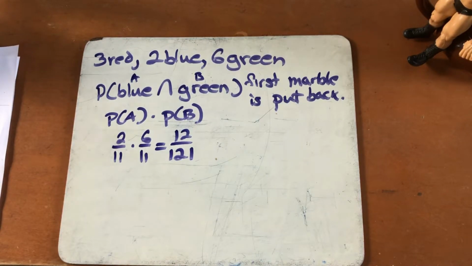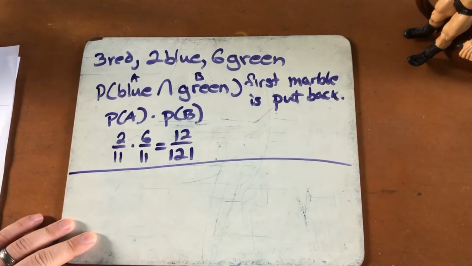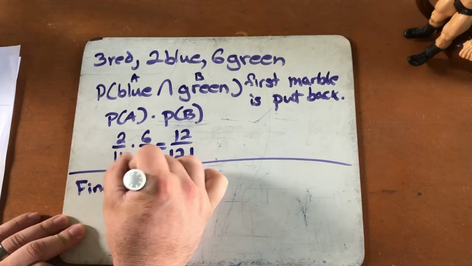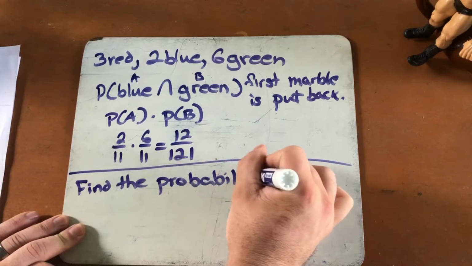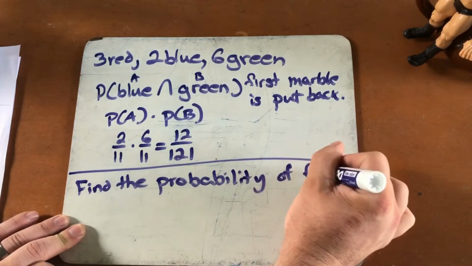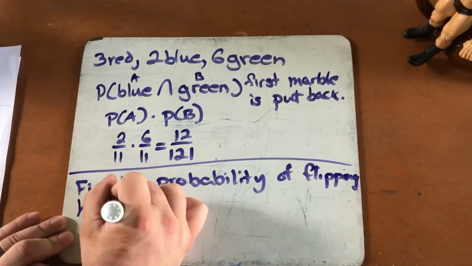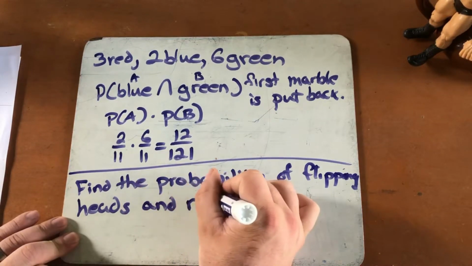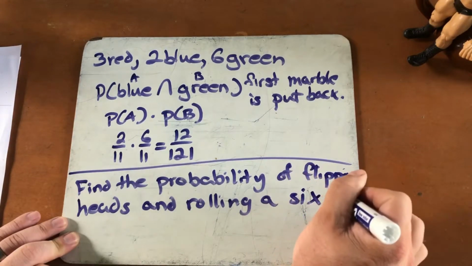All right, the next example of independence is a situation where we can tell the 2 events are independent. I'm not using this bag of marbles, I'm going to use something different. Let's say we want to find the probability of flipping heads and rolling a 6.